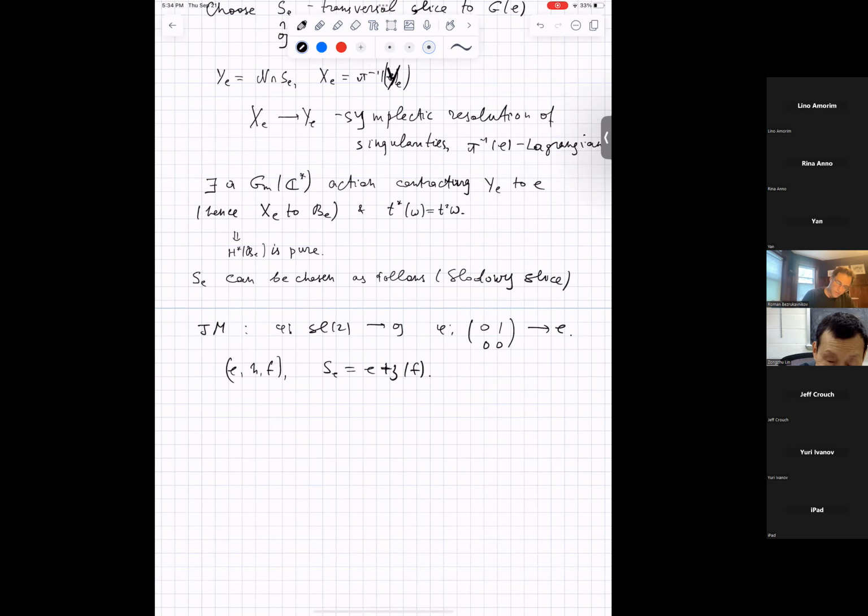But what is more relevant to us is the following fact, which is the last thing I mentioned here: Y_E and X_E can be obtained from N and N tilde respectively by Hamiltonian reduction.